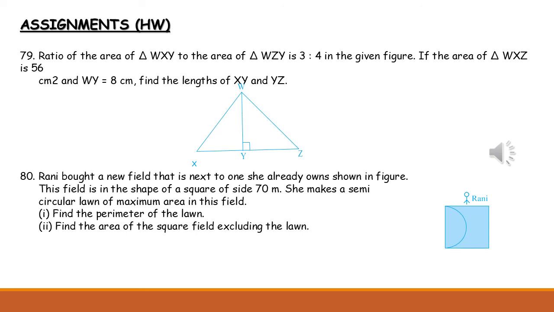First we will find out the area of the circle having radius 35. Then we will be dividing by 2. That means pi r square by 2, 22 by 7 into 35 into 35 divided by 2. That is how we will be finding the area of the semicircle, and that has to be subtracted from the area of the square. Hope you will be able to do these sums.